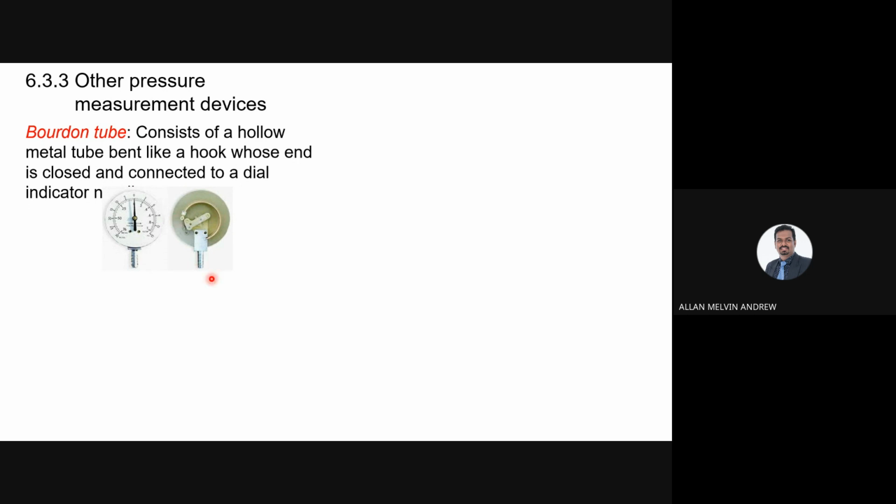Because of the pressure, this bent tube will try to straighten, and this is connected to a gear, and we can see the meter moves. The dial moves from here to here, so it will measure the pressure.